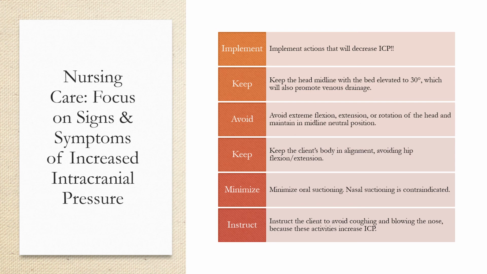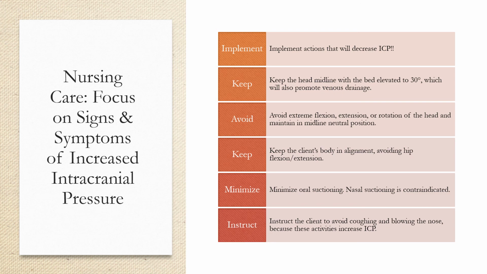I just mentioned this, keep the head midline with the head of the bed at 30 degrees, which also promotes venous drainage. Avoid flexion, extension, rotation of the head, and maintain a midline neutral position. Keep the patient's body in alignment, avoiding hip flexion or extension.